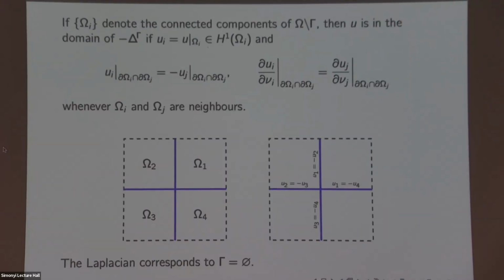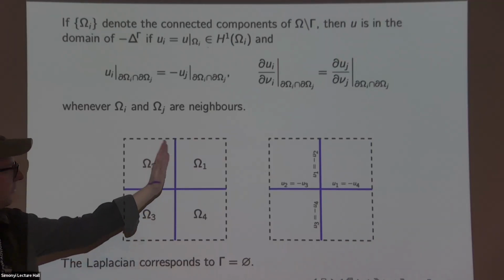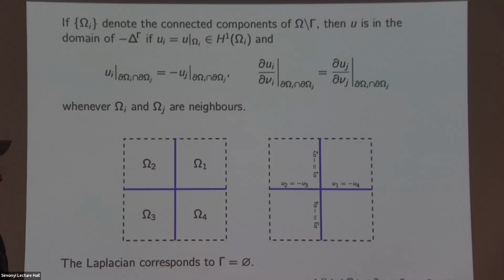Right, so if I just have this 4 partition, I want everything to be anti-continuous across each of these 4 pieces of the boundary, functions and their normal derivatives. This gives me a nice, well-defined self-adjoint operator, compact resolvent, so it's got eigenvalues and eigenvectors. A special case, if my cut set gamma is empty, then I'm not imposing anti-continuity conditions anywhere, and then I just recover the usual Laplacian.